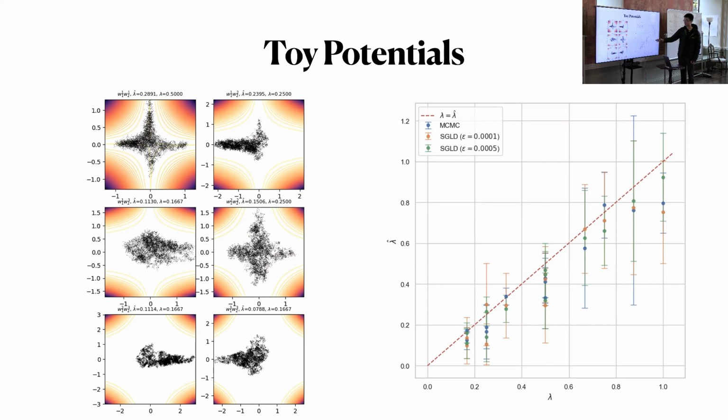MCMC does well, the blue dots, and SGLD with different hyperparameters also seems to do well in these toy 2D examples. To respond to your question as well, SGLD is already aware of where the degenerate things are, it explores the degenerate directions, and it is aware of other features of local geometry.